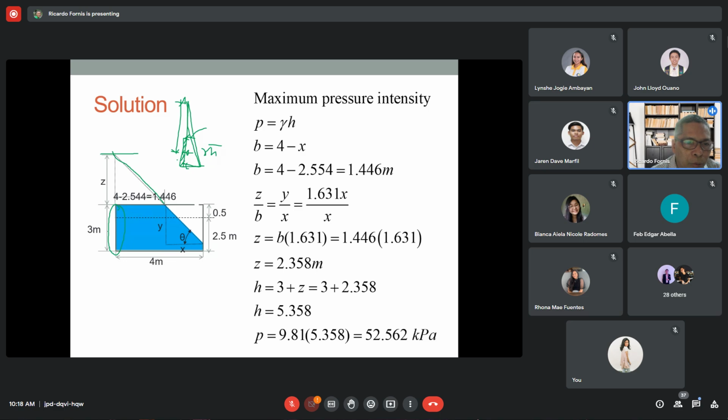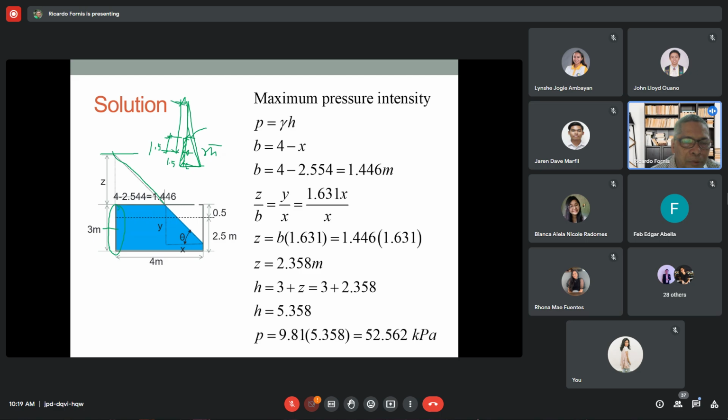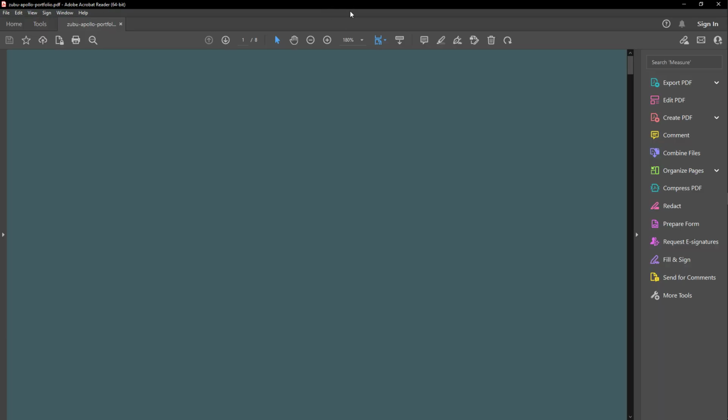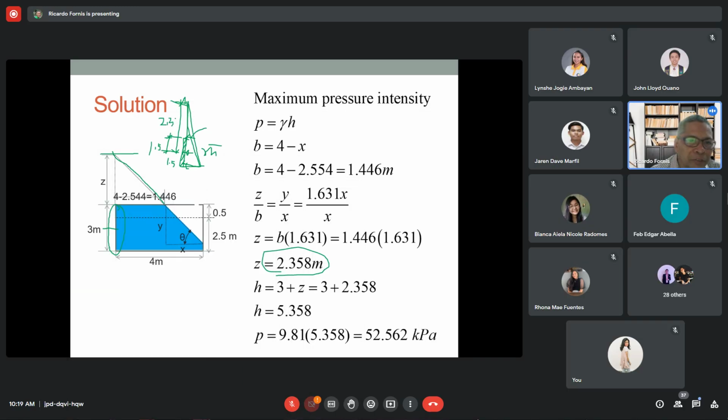This is equal to 1/2 of 3, which is 1.5. Plus the z value, which is 2.358.